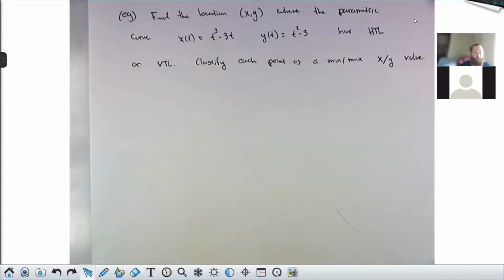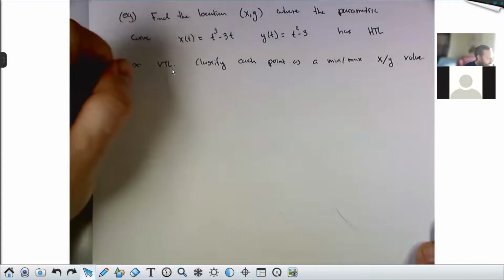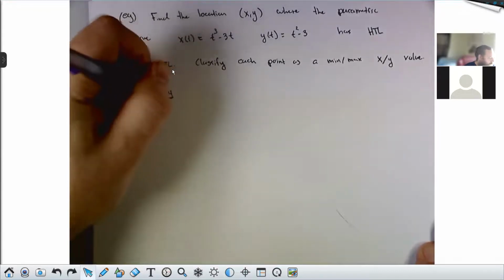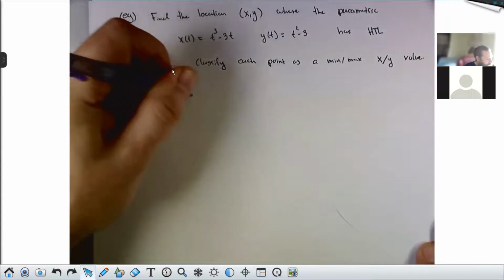All right, we know what to do. Horizontal tangents, vertical tangents. Horizontal tangent lines, these come from dy dx being 0.